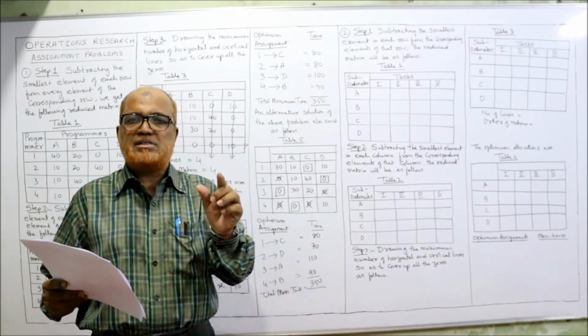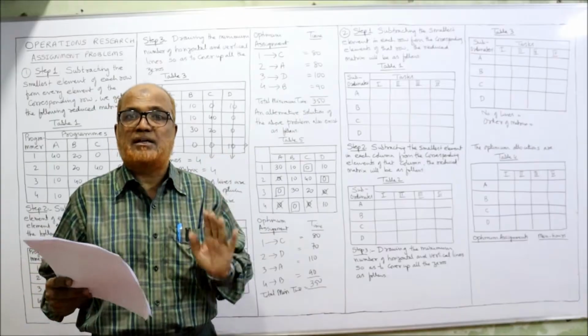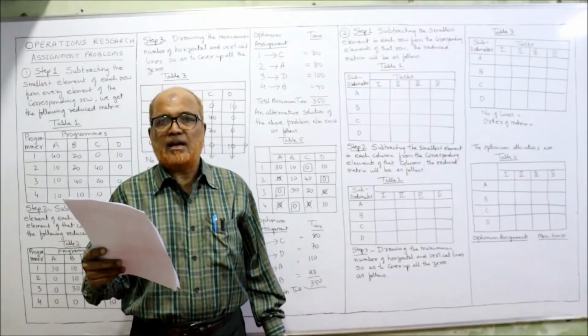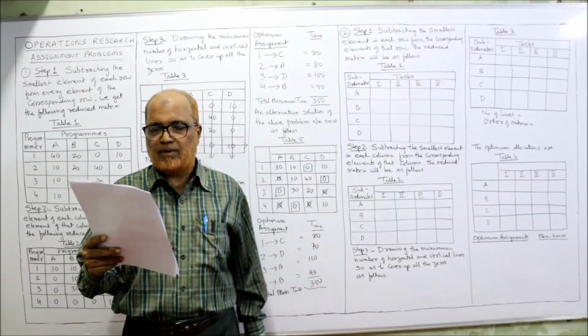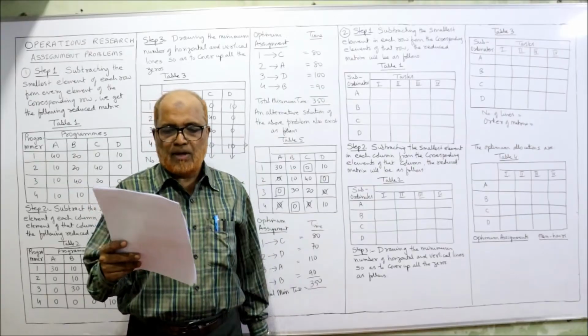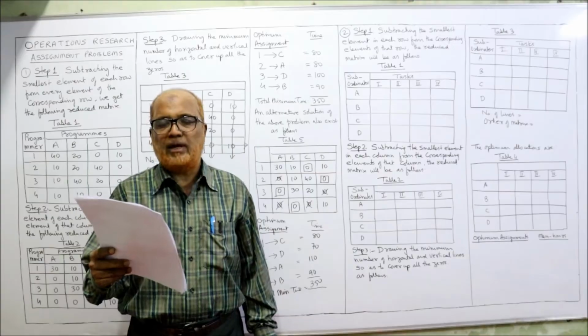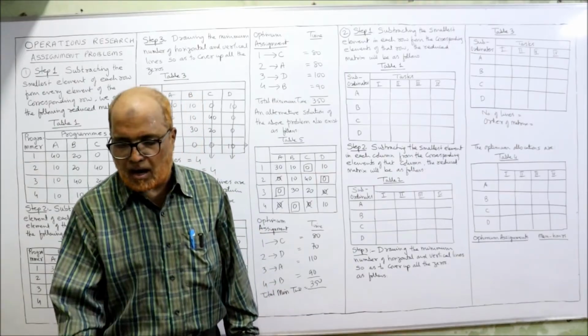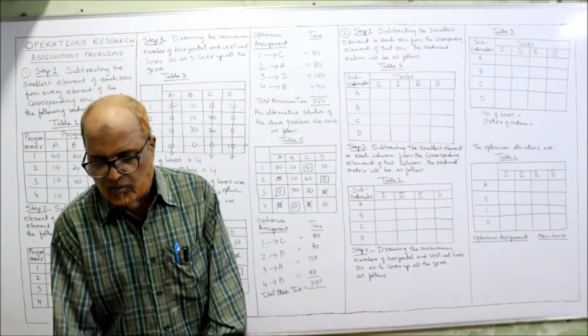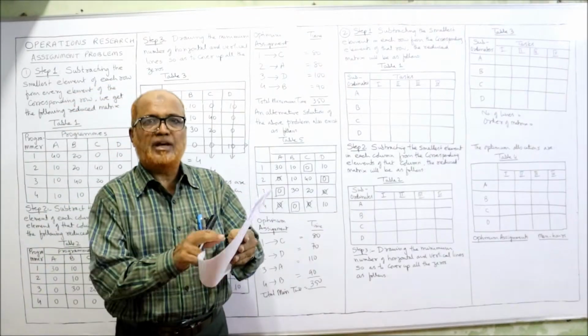Remember, whenever time is given, our objective is to minimize the time. Subordinates are A, B, C, D, 4 rows, and tasks are 1, 2, 3, 4. And the time estimates are given. How should the tasks be allocated to subordinates so as to minimize the total man hours? So all the values are given in hours, right?